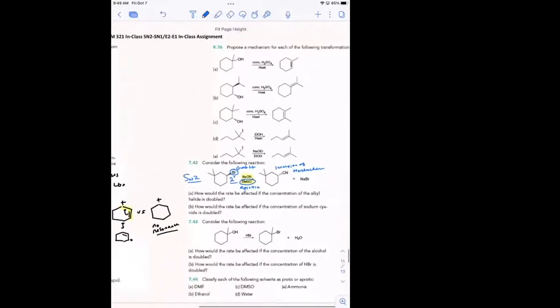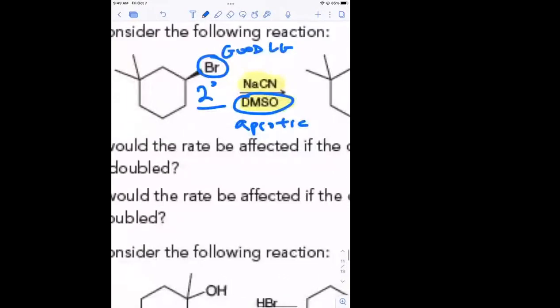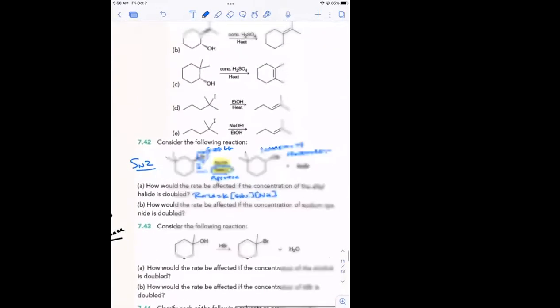It says, how would the rate be affected if the concentration of the alkyl halide, which is the substrate, is doubled? So the rate is what? What's the rate law for SN2? Substrate times nucleophile. Good. So if I change any one of those concentrations, it's going to change the rate.